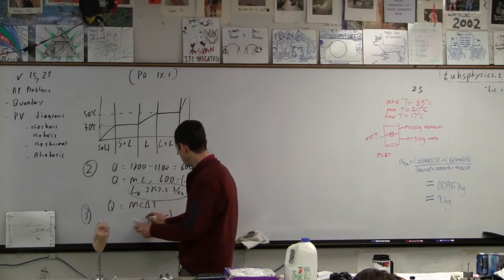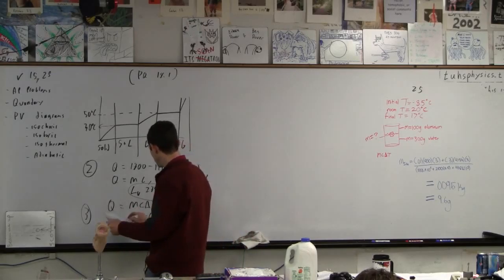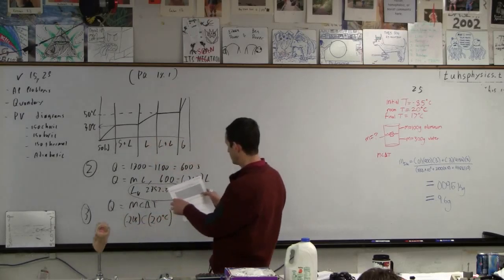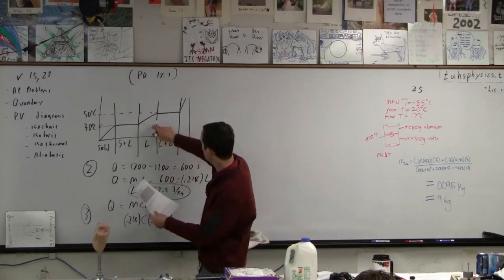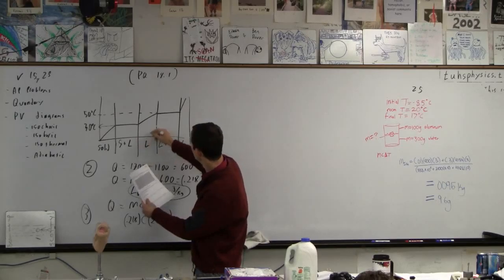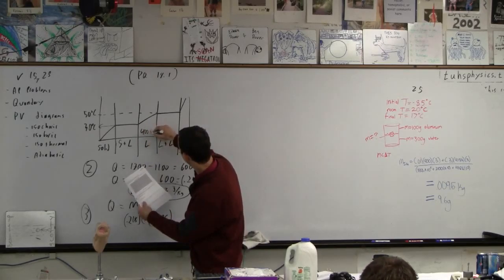The c is what we're trying to find. The mass is still 0.218. Then I'm looking at the slanty upward line, this guy here, right? I'm counting 1, 2, 3, 4, 400 joules flow in here. Right, this is 400 joules.